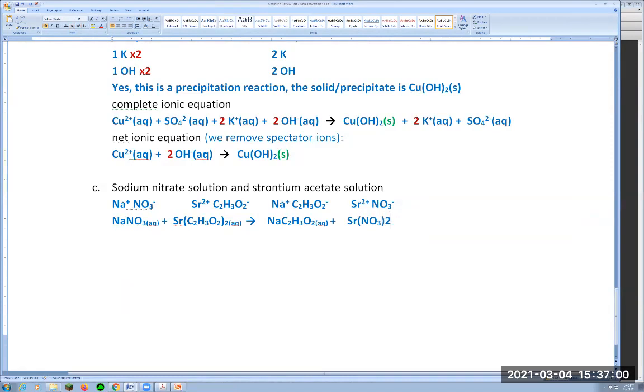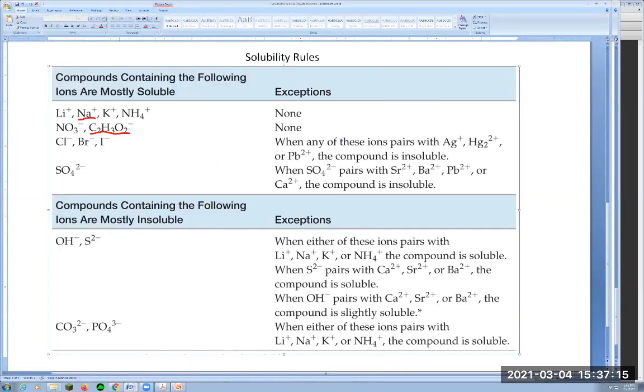And then outside the parentheses, the 2 indicates 2 nitrates. So again, we need to find the solubility of this compound, strontium nitrate. And here, strontium nitrate. The nitrate is here.